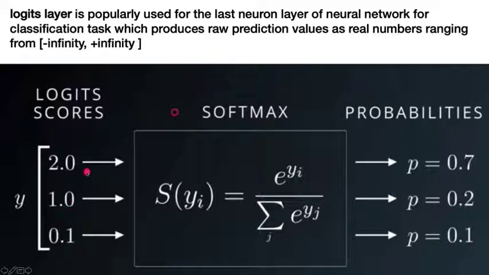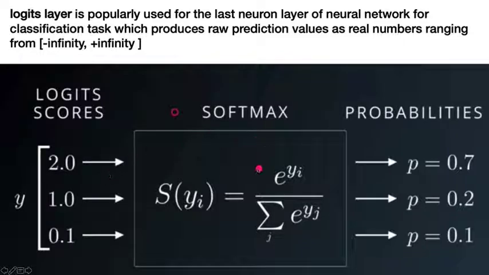So by simply comparing the numerical values, you would say that the output of the neural network is the label which has the score of 2. But you want to actually interpret these scores, which are called logit scores. Logit is nothing but terminology to say that these scores are at the output of a neural network.